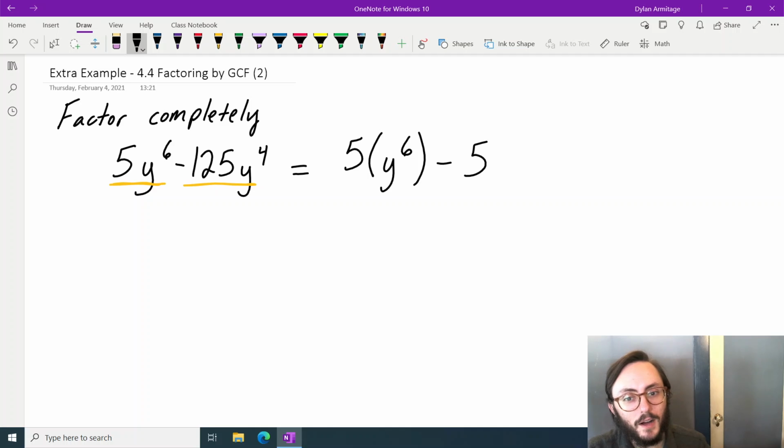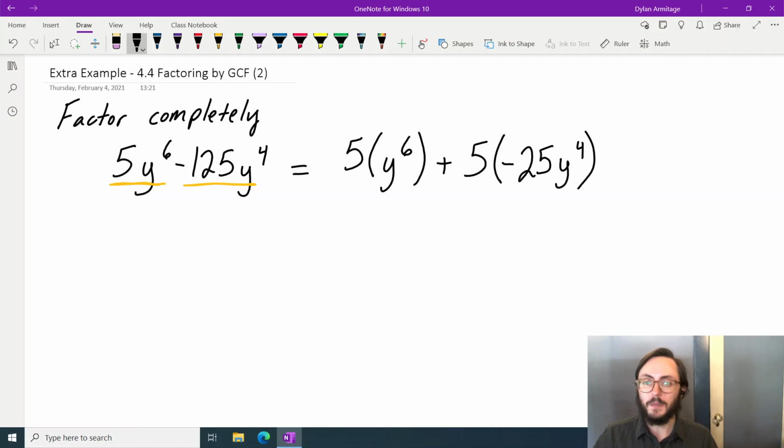It needs to be positive, doesn't it? Because the one in front is positive. So plus 5 times negative 25y to the 4th. Because we took out that positive 5 for y to the 6th, we need to take out that positive 5 for the other one, leaving the negative attached to the 25.